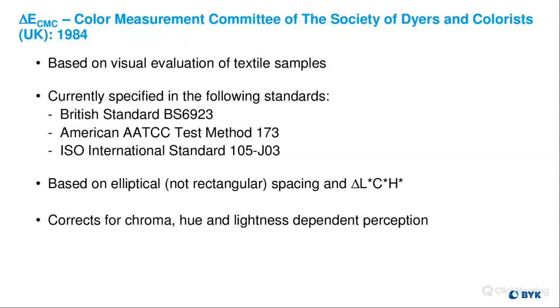It's going to be based on elliptical tolerancing. It corrects for chroma and hue and lightness, and it's dependent on perception. So this equation, for some colors, especially non-chromatic colors, and some of the chromatic colors, works pretty good. But there are some limitations to this standard.